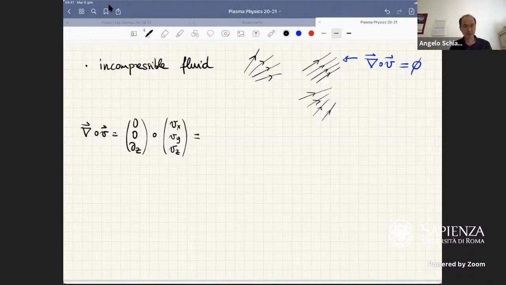By taking this scalar product, you see that the incompressibility of the fluid requires that the z component of the velocity is not changing in z, so dVz/dz is equal to zero. So Vz is constant.